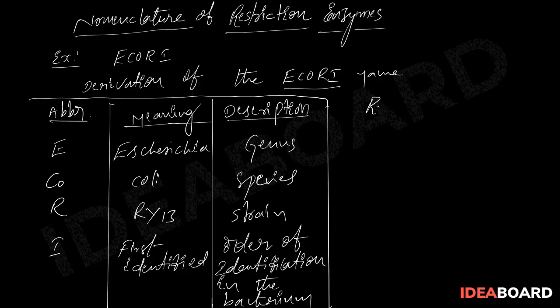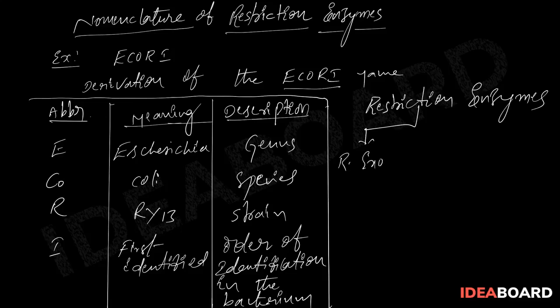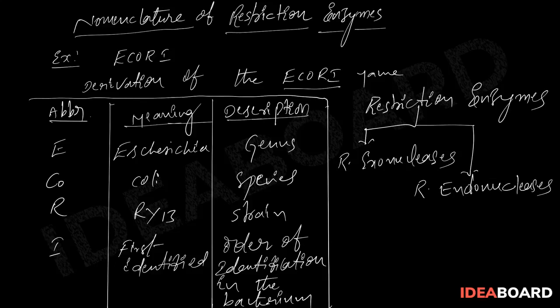The restriction enzymes are classified into two types: restriction exonucleases and restriction endonucleases, depending on the cleavage nature.